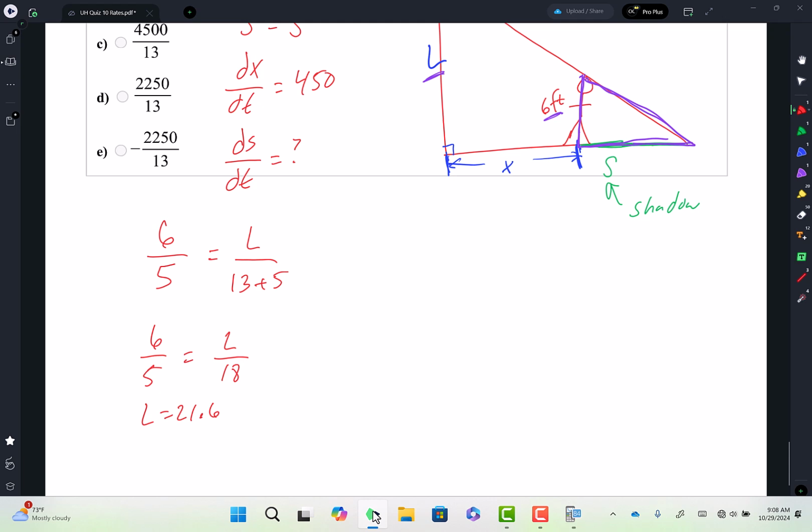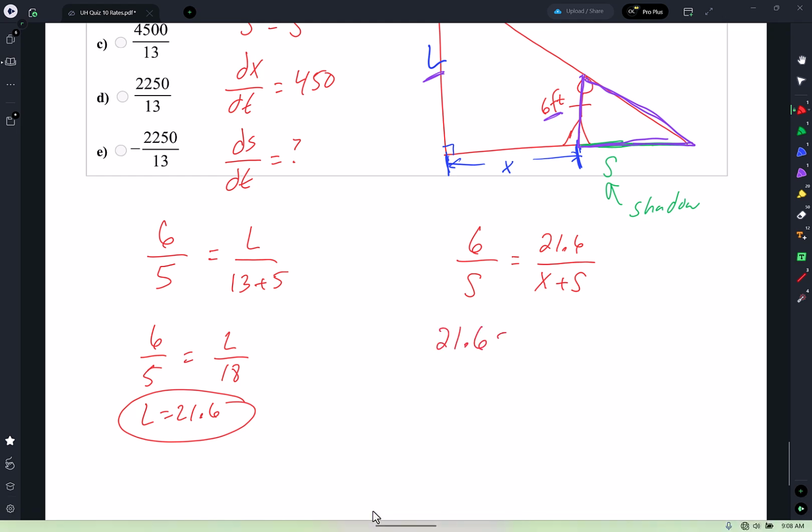So here we go. Now here comes the important part. I'm going to do the same thing. 6 is to S, because that's what's moving, as 21.6 is to X plus S. That's an S, not a 5. So I'm just going to cross multiply. 21.6S equals 6X plus 6S.